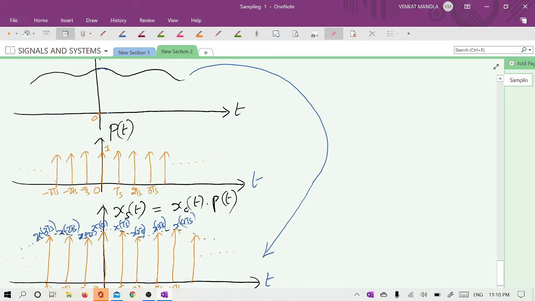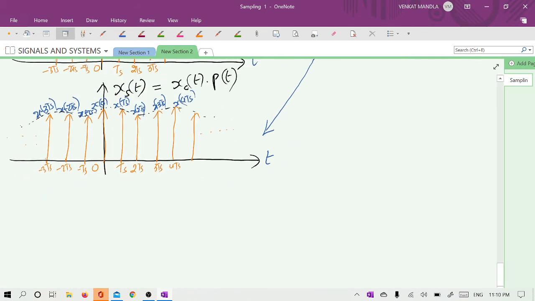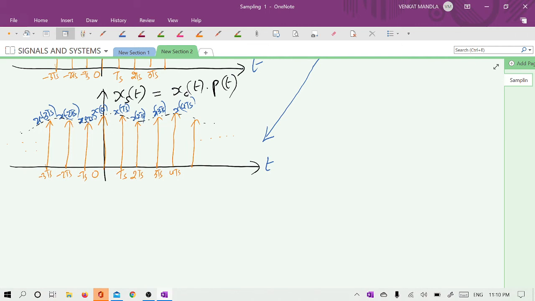Yeah, I have lost information. Can I recover the original signal from this x s of t? Can I recover? Yes, you can recover. Under what conditions? That is nothing but your Nyquist criterion. Anyway, we will discuss it.